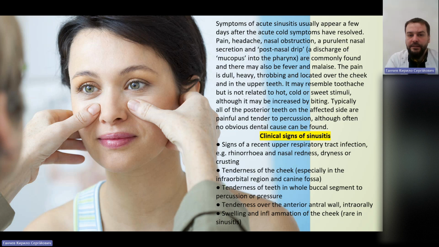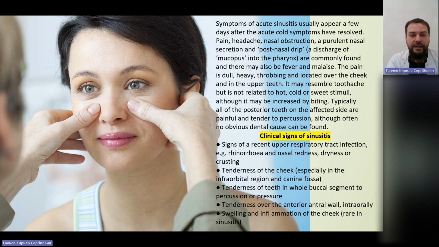So, clinical signs of sinusitis, very shortly, right? Signs of a recent upper respiratory tract infection, like rhinorrhea and nasal redness, dryness or crusting, tenderness of the cheek, especially in the infraorbital region and canine fossa, tenderness of teeth in the whole buccal segment to percussion or pressure, tenderness of the anterior antral wall.